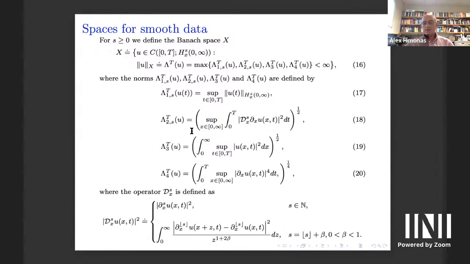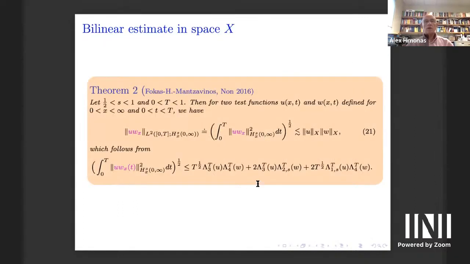But in any case, this was the story in 1991. That's the way that Kenig, Ponce, and Vega produced the optimal result then in Sobolev spaces without Bourgain spaces up to 3/4. So here now, in these spaces, we are producing some bilinear estimates.